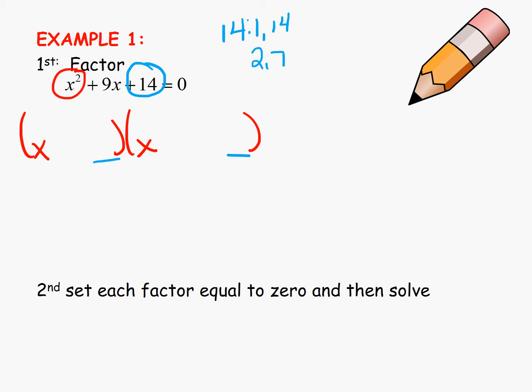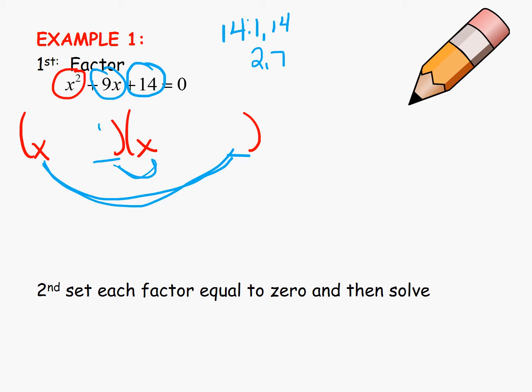But we want the pair such that when we multiply the outside and the inside, we get back the middle number, 9x. So the outside plus the inside has to get me back to 9x.